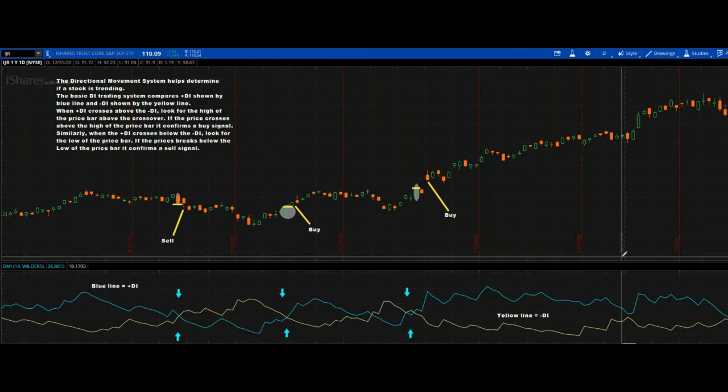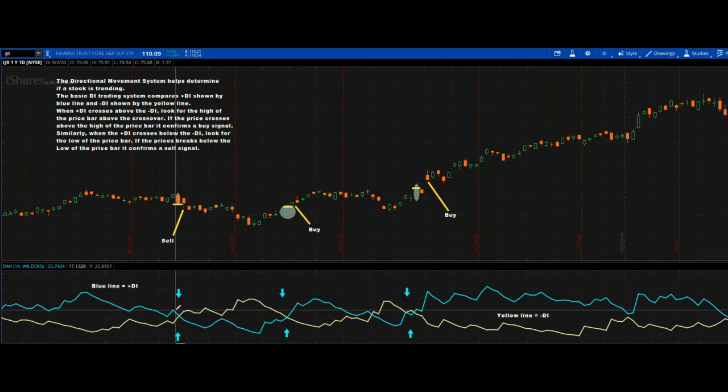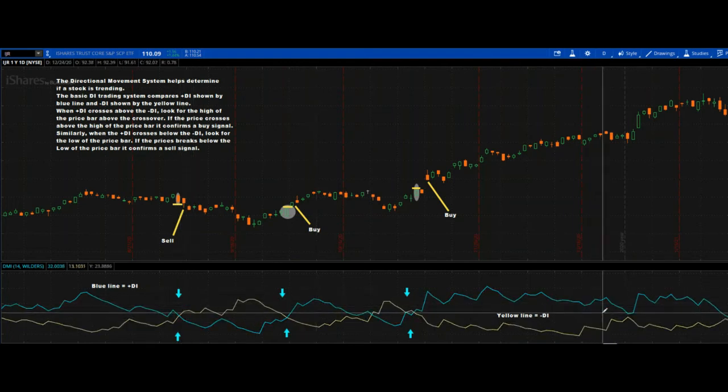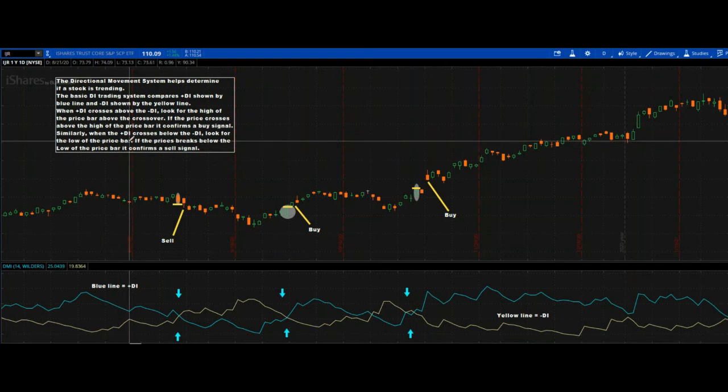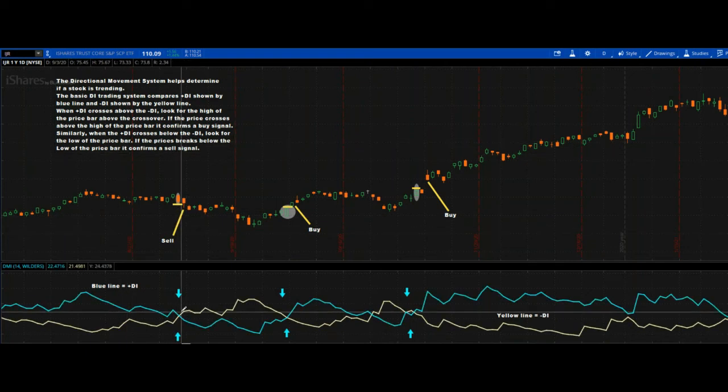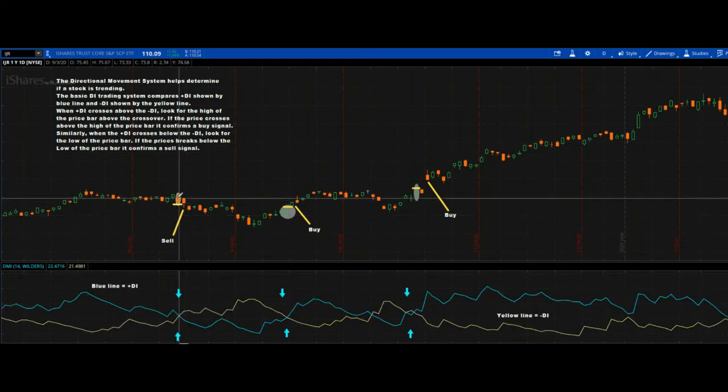Similarly, when the plus DI crosses below the negative DI, which is right here, look for the low of the price bar. So look immediately above at this price bar and look for the low of it.